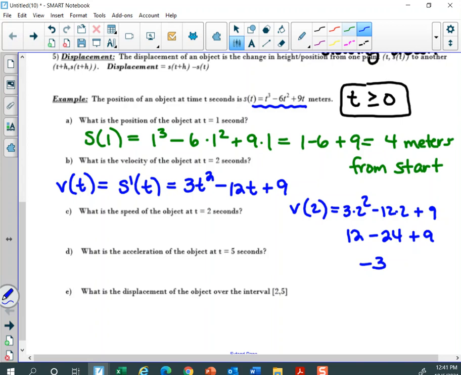And velocity is the slope, rate of change of position. Position is measured where the x, or t, is seconds, and the y is in meters.